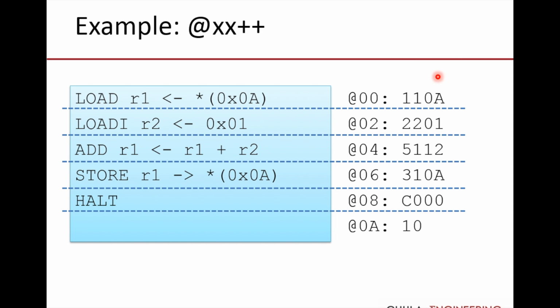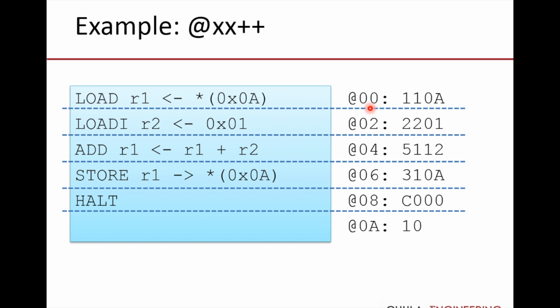Let's take a look at an example program. Here is a simple example to increment the value at the memory. In this example, we will increment the value of the memory address 0A. So this is the program.